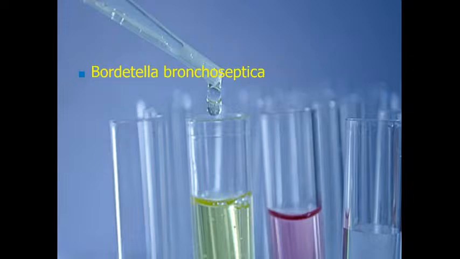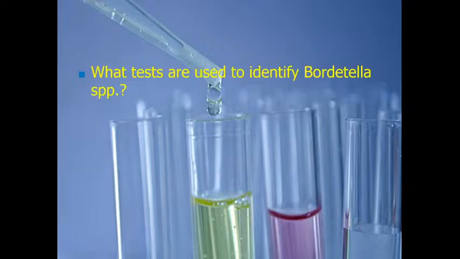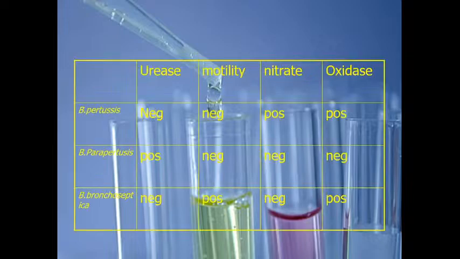Okay? What are the tests used to differentiate Bordetella species? You have four: urease, motility, nitrate, and oxidase. Now, we need to differentiate the three species of Bordetella of medical importance: Bordetella pertussis, Bordetella parapertussis, and Bordetella bronchoseptica.